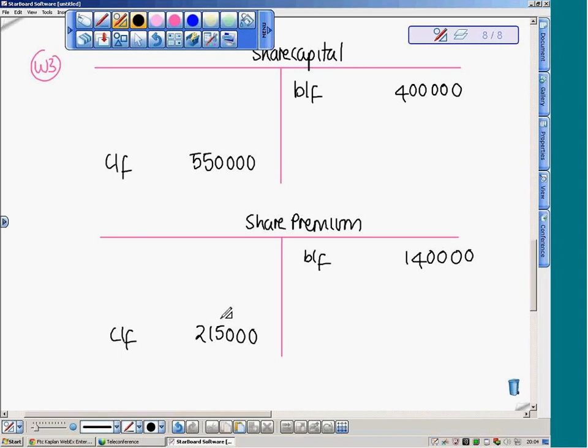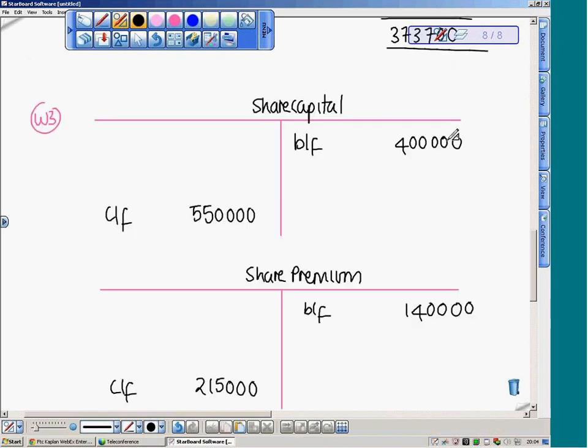Now, what they tell me in note 1 is that a 1 for 4 bonus issue was made. Okay, so ordinary share capital was 40,000, and a 1 for 4 bonus issue was made. What that would mean is that 10,000 shares are issued.